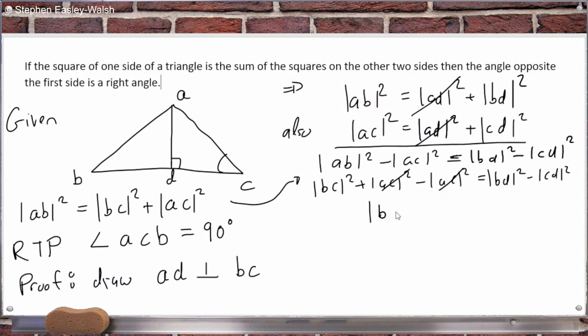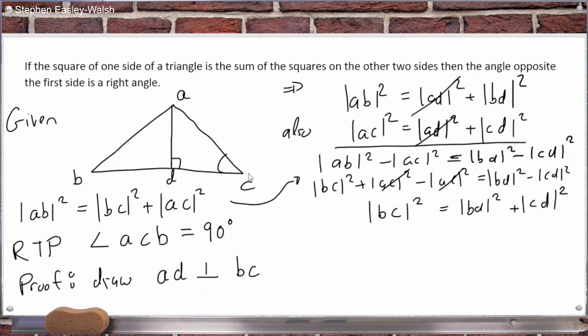And I get BC squared equals BD squared plus DC squared, or I should say, CD squared. So BC squared equals BD squared plus CD squared.